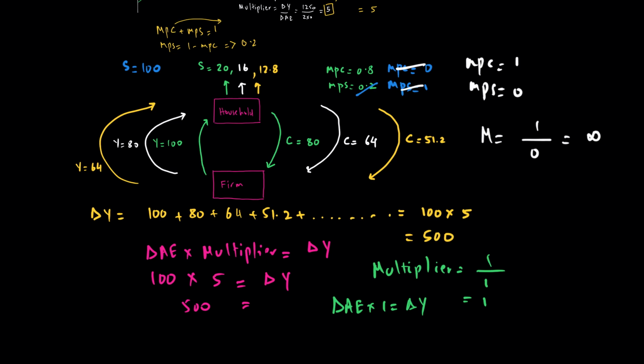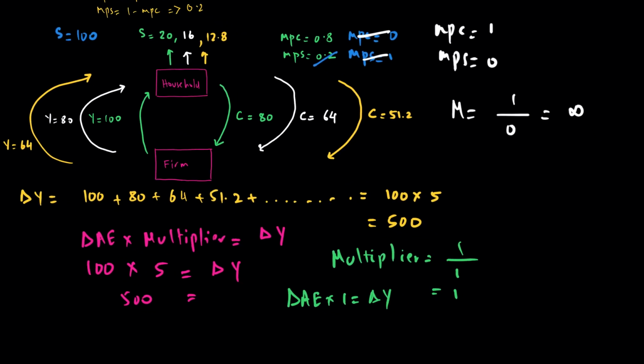So in this case, what we say is that if the MPS is 0, nothing is being withdrawn, and therefore the multiplier will be as high as infinity. But if the MPS is very large, almost equal to 1 or 1, then your multiplier will be 1, and therefore GDP will not grow at all.